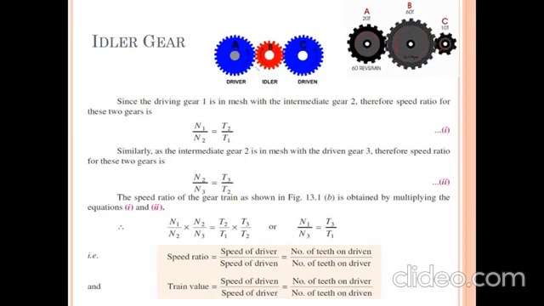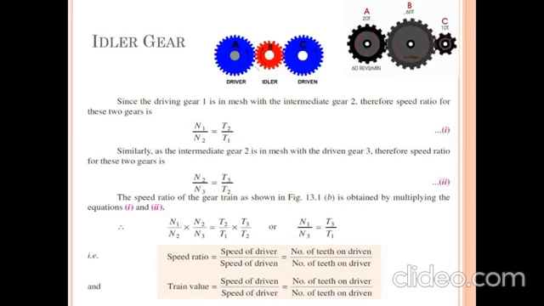Same thing I can write: speed ratio is equal to speed of first driver divided by speed of last driven, which is equal to number of teeth on driven gear divided by number of teeth on driver gear, isn't it? And the reciprocal of this speed ratio will be the train value. You can identify this train value as the reciprocal of speed ratio. This is regarding idler gear.